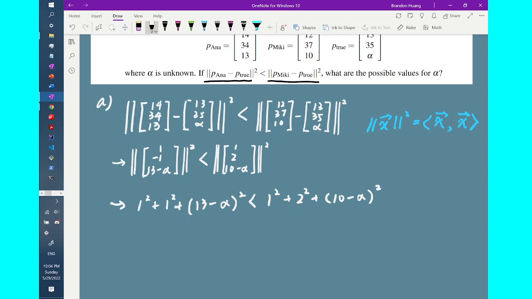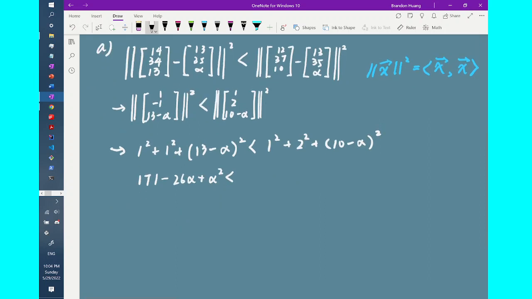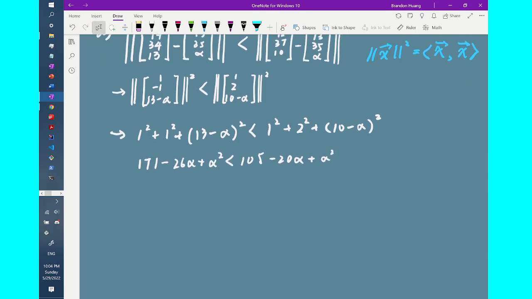So I'm going to skip some steps of math because I believe in the ability to calculate something in my mind. Okay, so I have this inequality now.